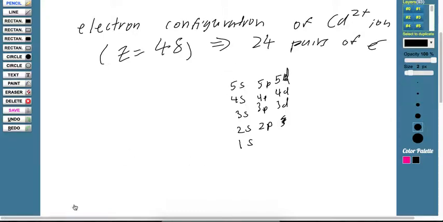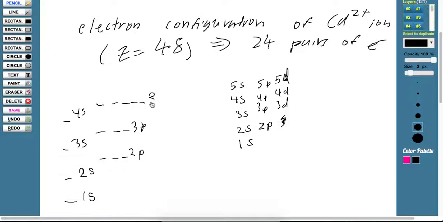Okay, so now let's try to draw it out. We have a 1s, 2s, 2p, 3s, 3p, 4s, 3d. So this is going to be 30.